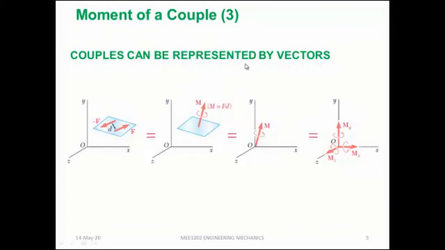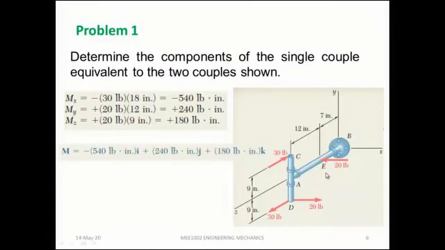rectangular vectors as well. So if you see this, you have a 30 lb force acting in this direction, and opposite to that, these are parallel forces, opposite, equal in magnitude, and these two will form a couple about the x-axis.